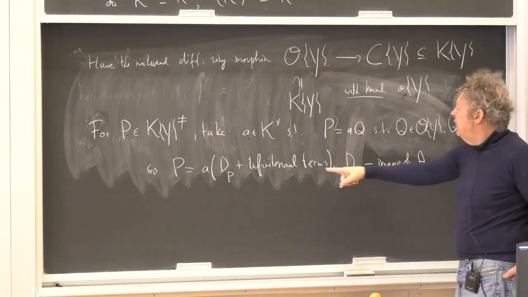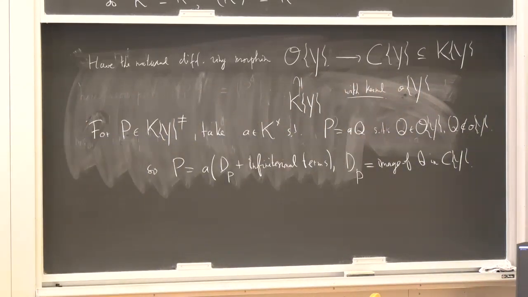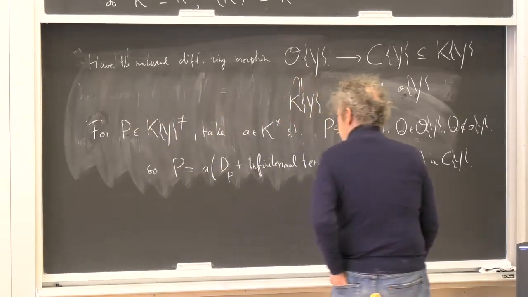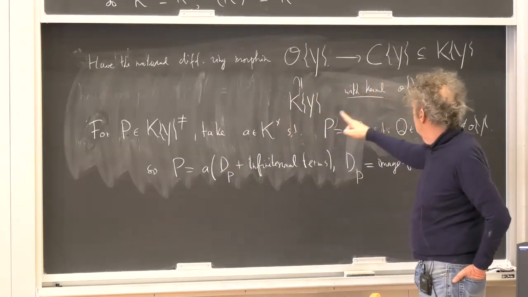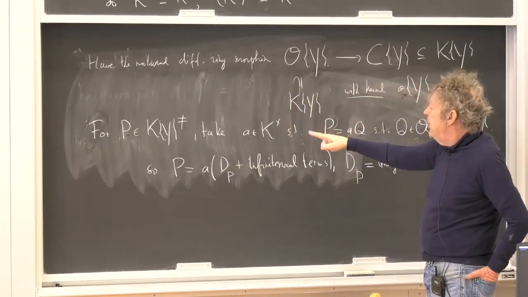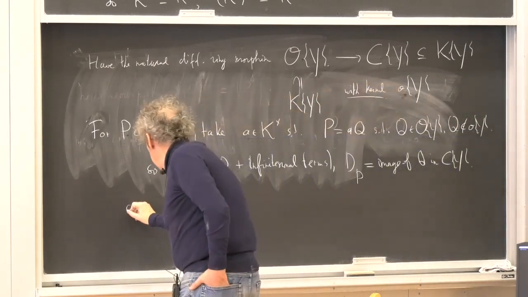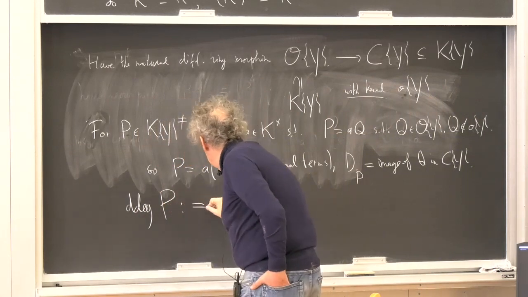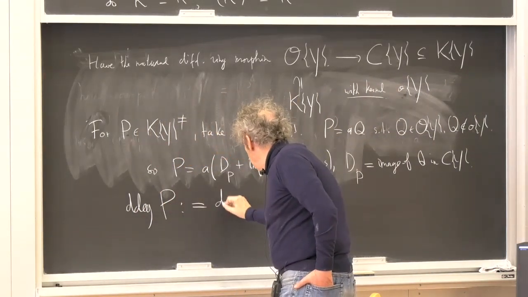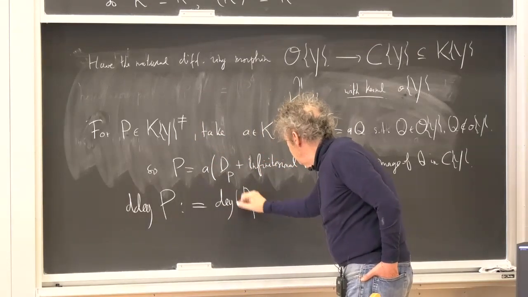So it's a differential polynomial which has constant coefficients. And now the dominant degree of P is simply the degree, the total degree, of this differential polynomial.